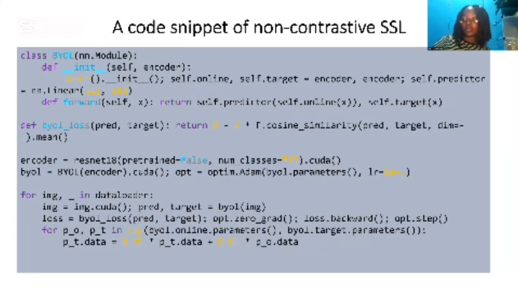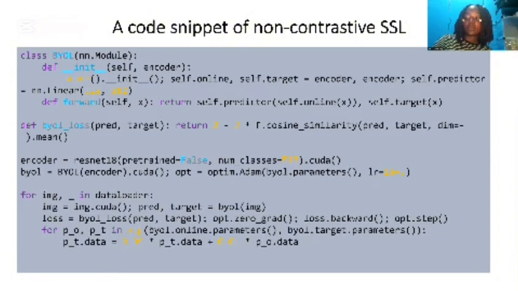It computes the cosine similarity between the prediction and target. This is the online network, and this is the target network. So that is the loss function. Minimizing this loss means the online network gets closer to the target network, learning meaningful features.